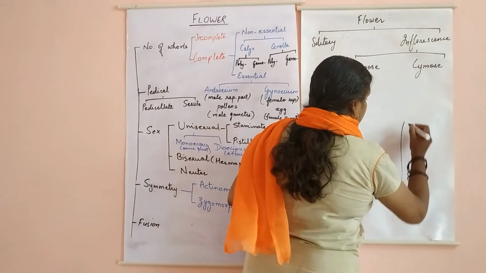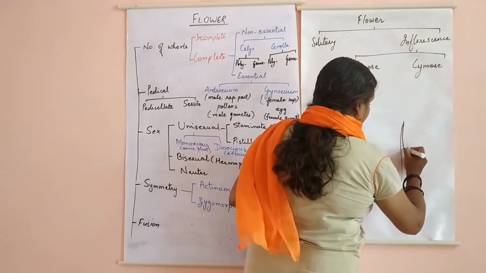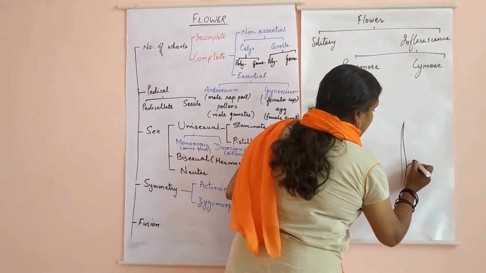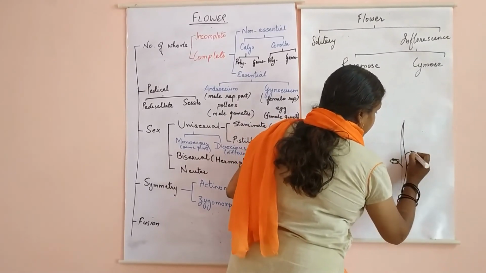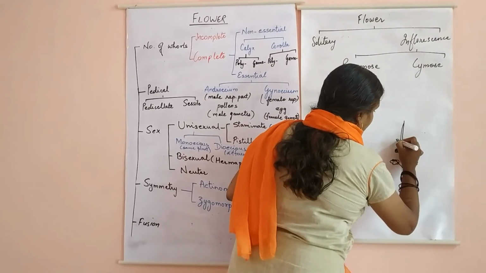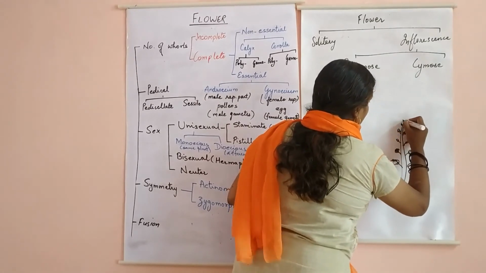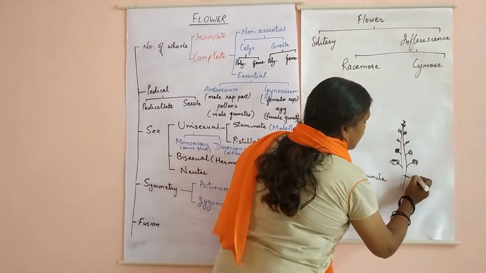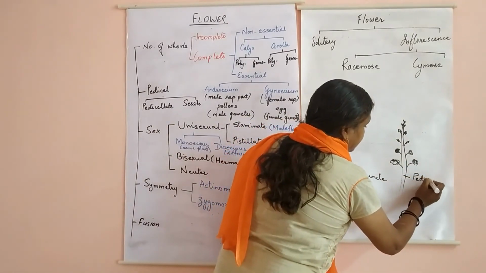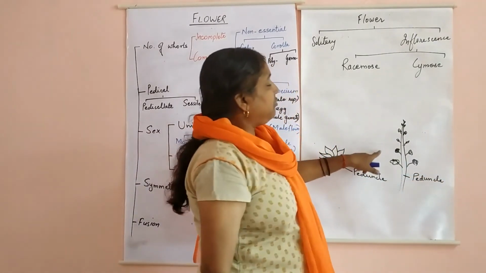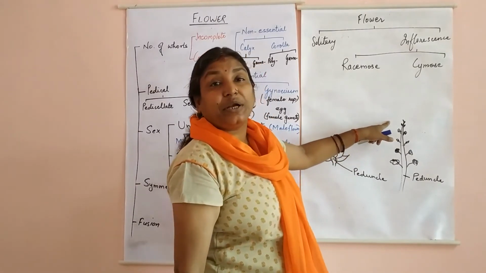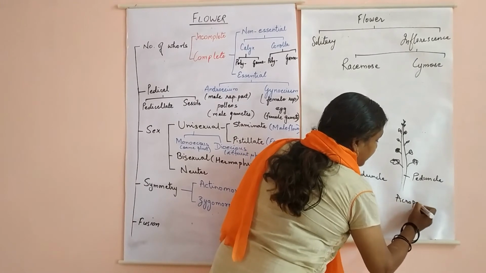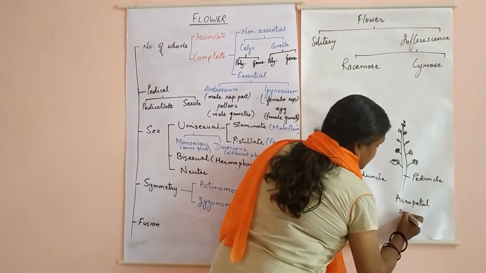So suppose this is your peduncle, and each will have a flower. You can see the middle axis is your peduncle, where the flowers are borne in acropetal succession.